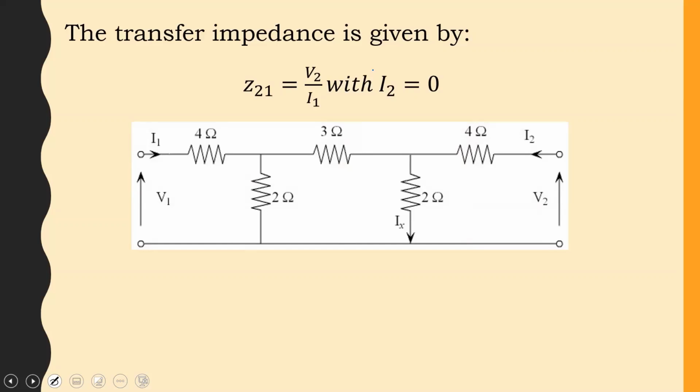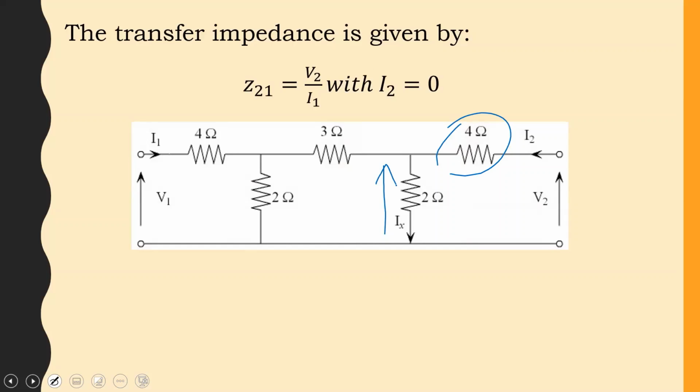Clearly, because this is open circuited, what will be the voltage drop across this 4 ohm resistor? 0. So V2 will be seen across the 2 ohm resistor. So V2 will be here.